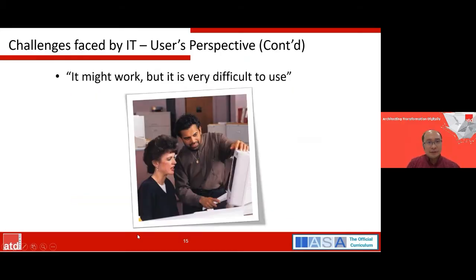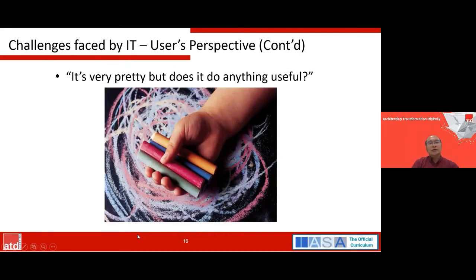Of course, sometimes we think it might work, but it's very difficult to use. I don't like the usability of the new system. And of course, we can put in all the fancy things, all the graphics and animation, but does it do anything useful that helps my concern, my situation, my work? This is pretty much the user perspective.